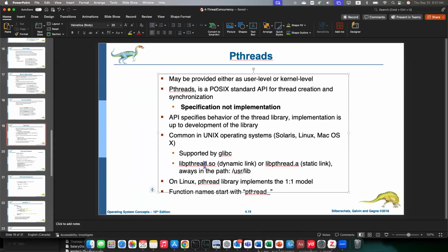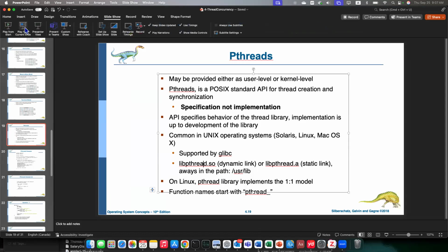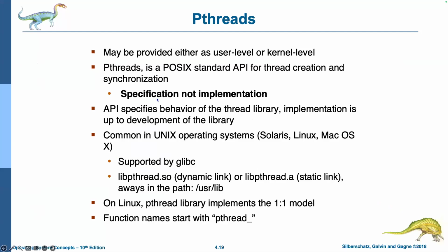That's the pthread. So the pthread, what does the slide show? pthread is supported by glibc. Remember, it's not the interface of Linux. It's not a Linux API. It's from glibc. It's the libpthread.so.